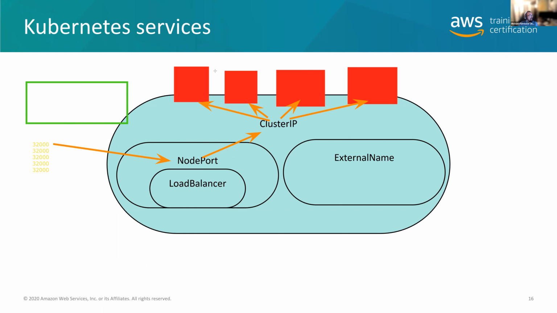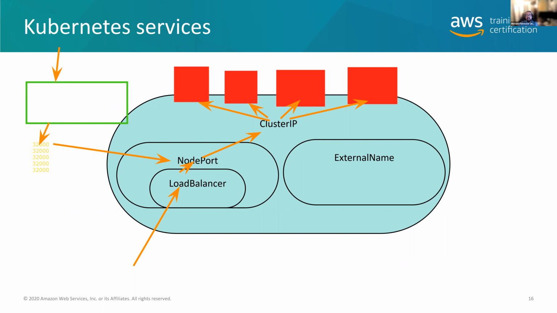When we hit a port on the load balancer, it's going to redirect to a node port, which then redirects to a cluster IP, which is then going to hit the pod. So it's literally going to go load balancer, node port, cluster IP.